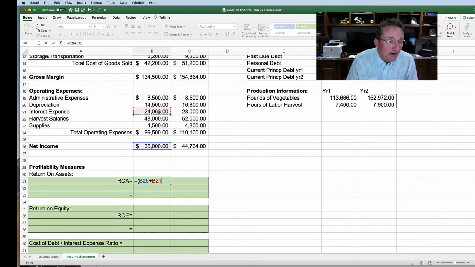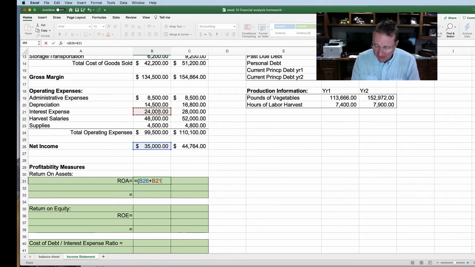If you're comparing this business to another, maybe the other business does not borrow because they have an oil well on their property. Borrowing's not bad, borrowing's not good. It's what you have to do to get the assets. Return on assets is trying to eliminate that factor, so you just add interest expense back.